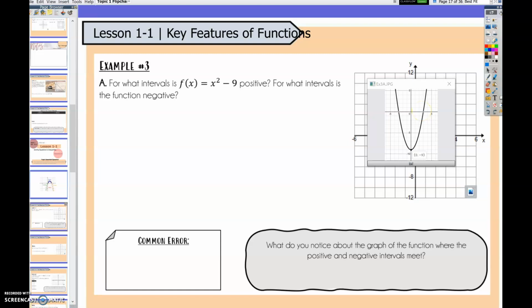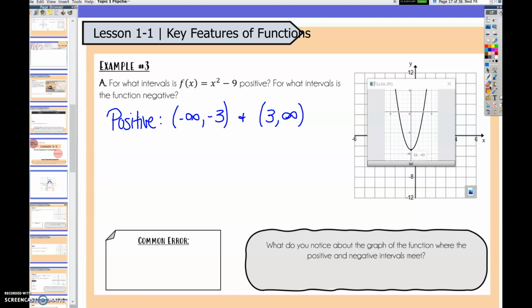We're going to use just our interval notation. So when we're looking for the positive part of this function, we would say from negative infinity to negative 3 and 3 to infinity.